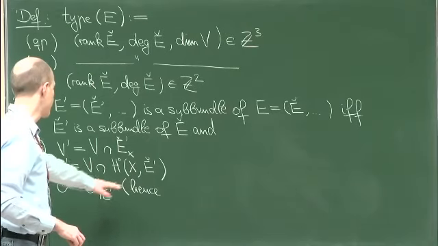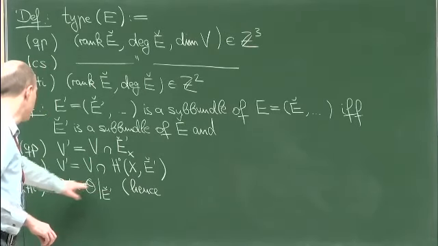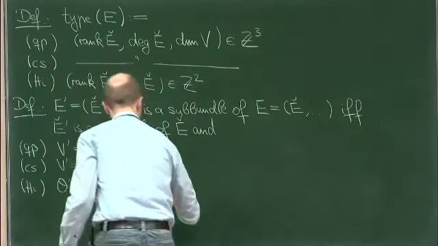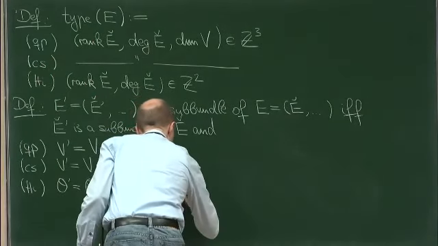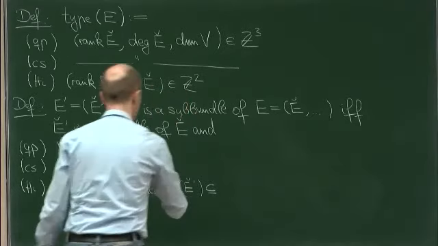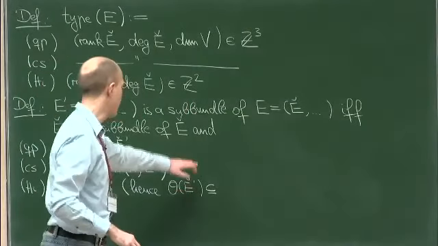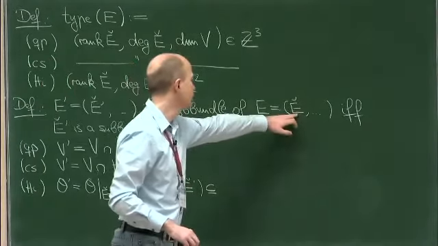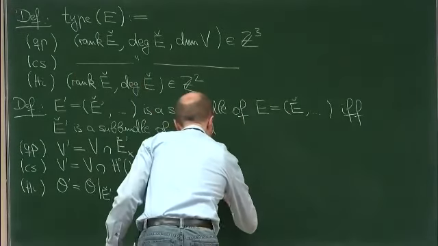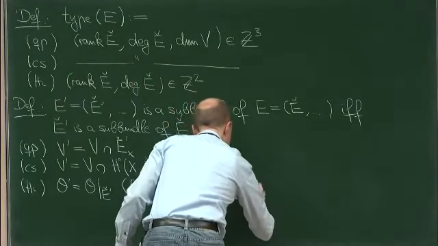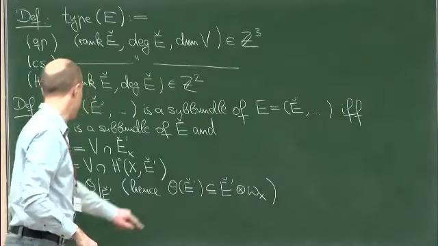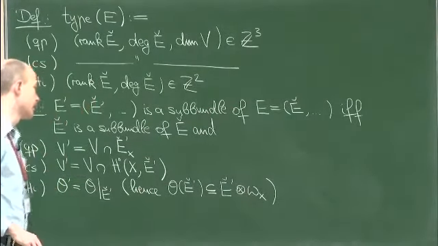Here the condition is that, so this can only be true if the Higgs field preserves the subbundle. So theta, E check prime, if E check prime is a vector subbundle of the underlying vector bundle here, and the Higgs field preserves it in this sense, then the restriction of theta will be a Higgs field on the subbundle.